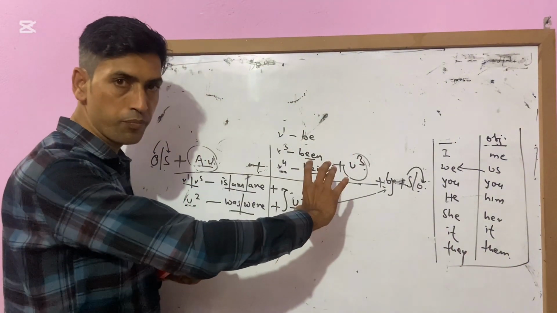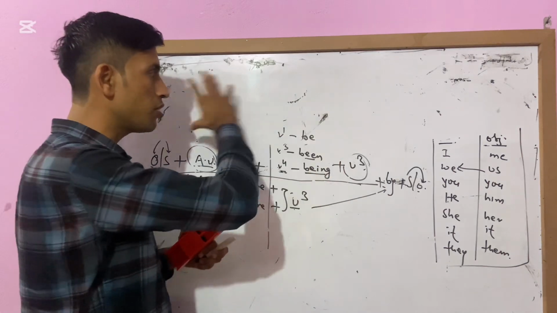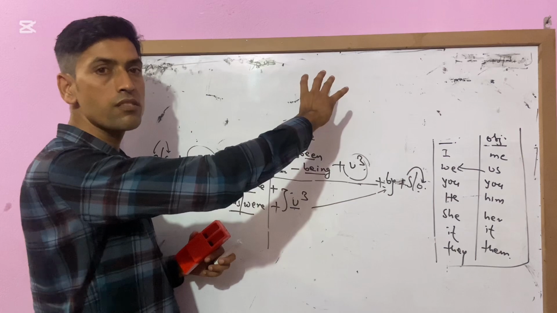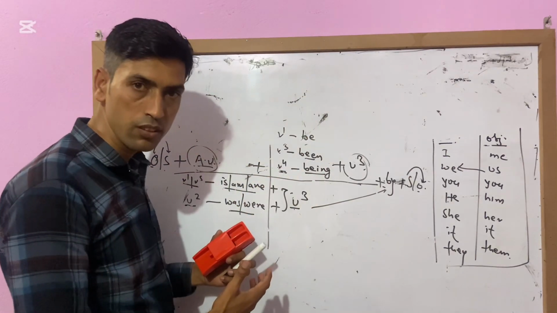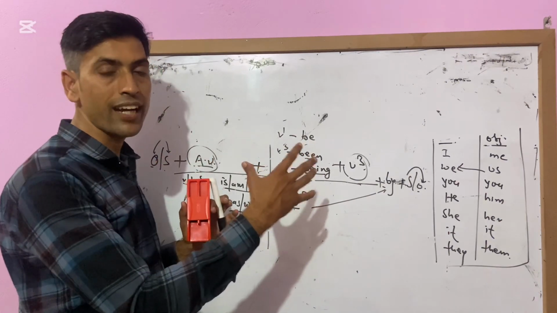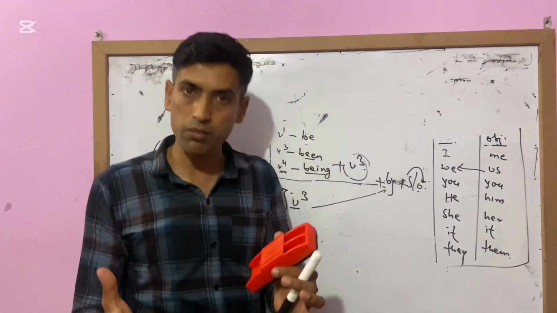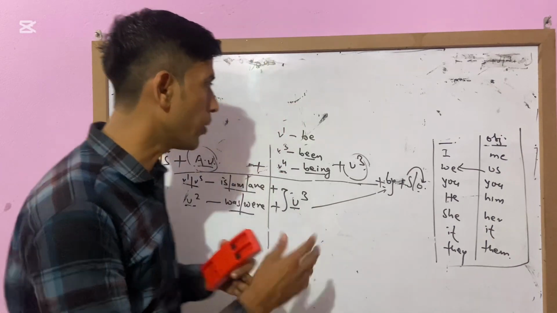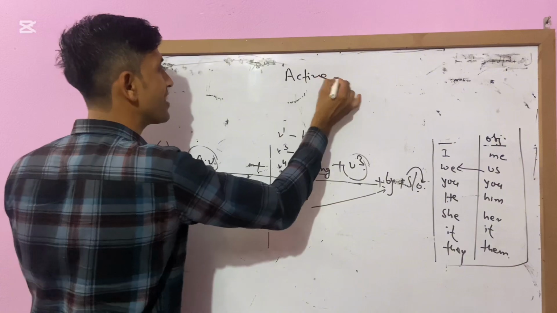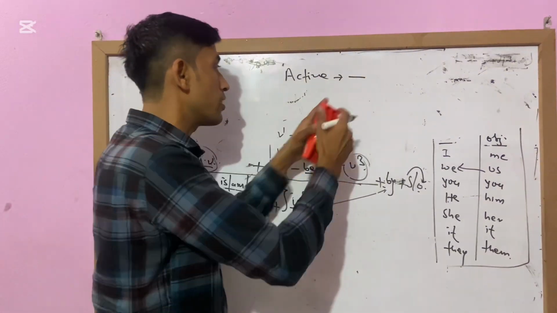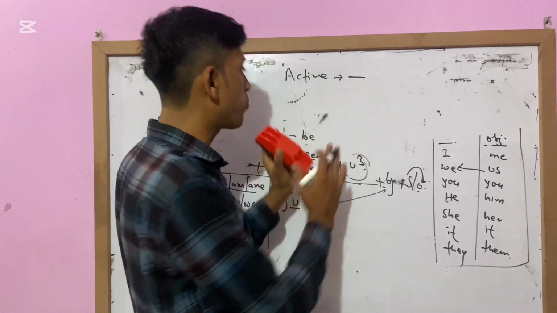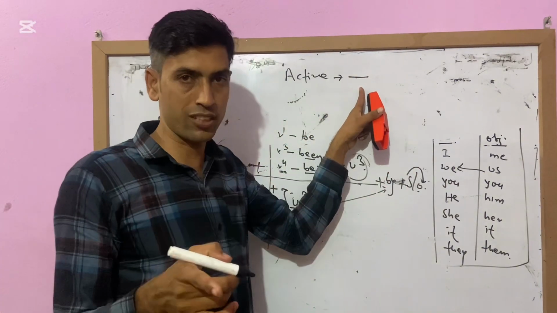All the structures which I taught you were only for the positive. If a negative statement is given, if an interrogative or yes/no question pattern of the active voice is given, or if WH questions are given, then how can we solve it? How can we change it? Keep one thing in your mind: if the active voice is an assertive or declarative sentence, meaning positive, then the passive voice is also positive.